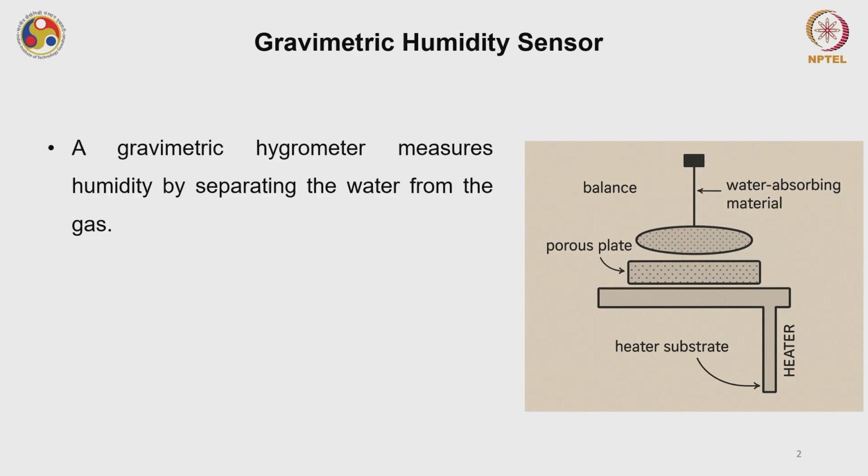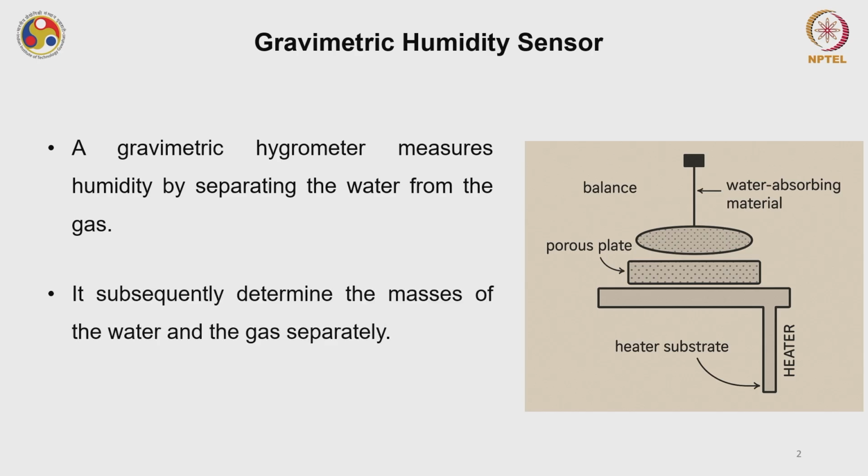A gravimetric humidity sensor, or hygrometer, measures humidity by separating the water from the gas. It subsequently determines the masses of water and the gas separately. Consider this diagram where you have a balance, and there is one heater which heats the water through this porous plate.